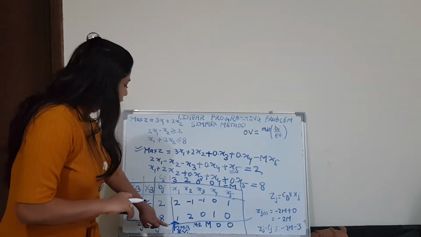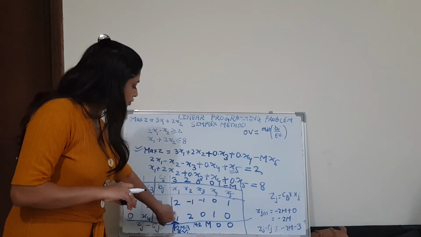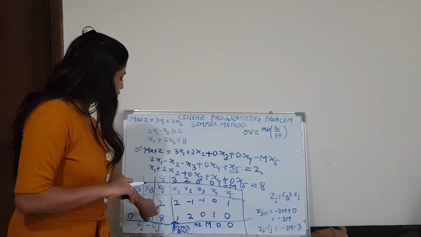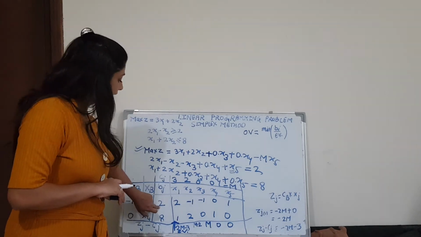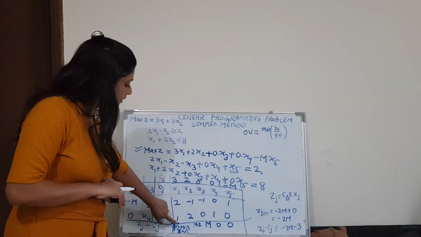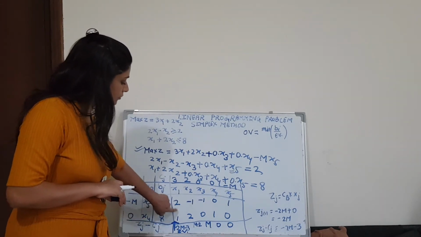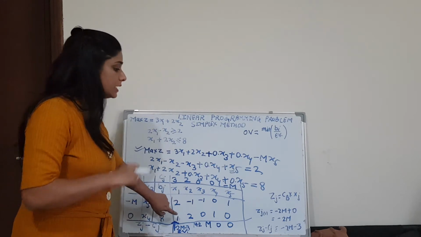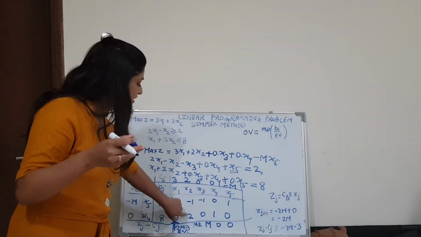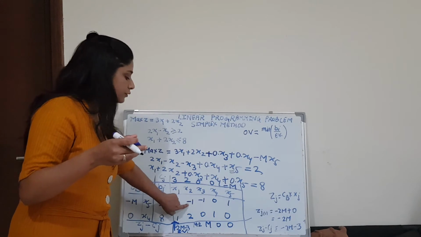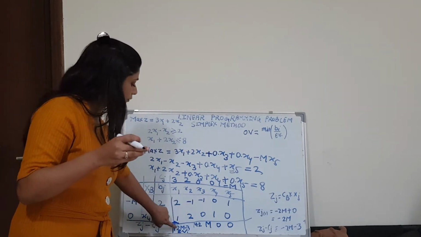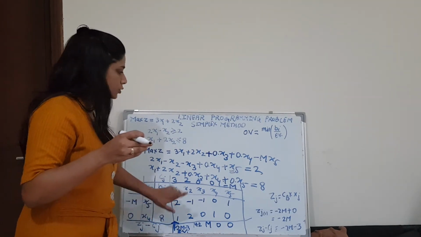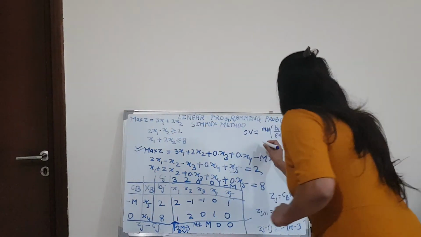So we can see here, the first column is the entering vector. So Bj is 2, and for this 2 the entering vector is this 2, because the entering vector is from the first column. Suppose if the entering vector were from the second column, then the entering vector would be -1, but we are entering from here.